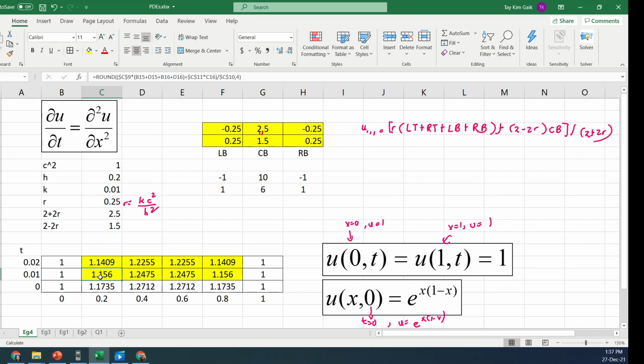You just key in, let's say U11 equal to R times, make sure you put in one bracket, R constant, and then bracket, click the left top cell plus the right top cell plus left bottom plus right bottom, close the bracket, plus 2 minus 2R, make sure you constant it, times the center bottom cell, close bracket, divided by the coefficient, this is 2 plus 2R.